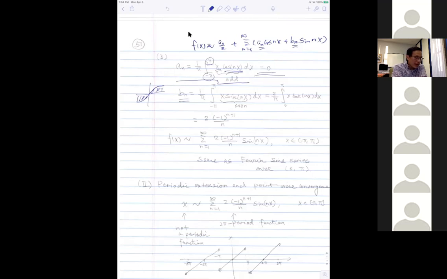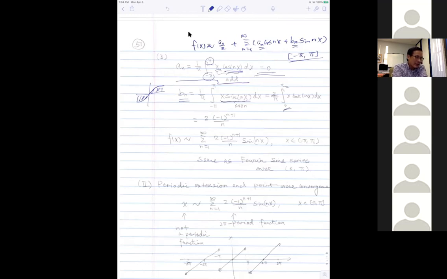And the bn, so this is from negative pi to pi. For the bn's now, because this term here is odd times odd, you get an even function. Therefore, the integral from negative pi to pi is 2 times the integral from 0 to pi.